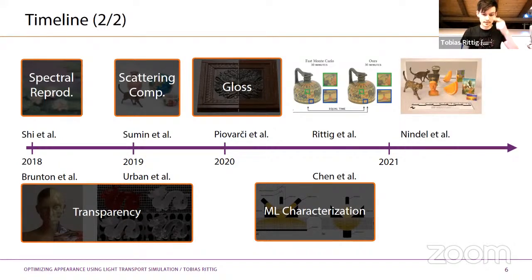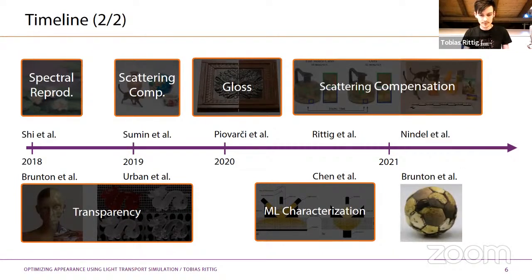And last year as well, we published with colleagues a completely new approach to this scattering compensation using differentiable rendering, and how to reformulate the problem in this space.